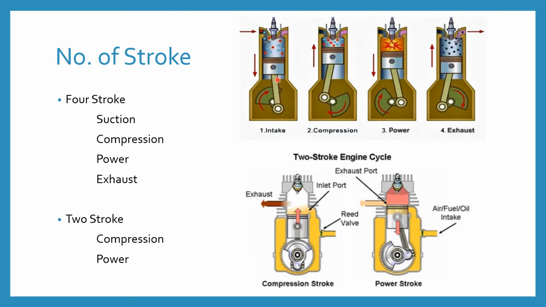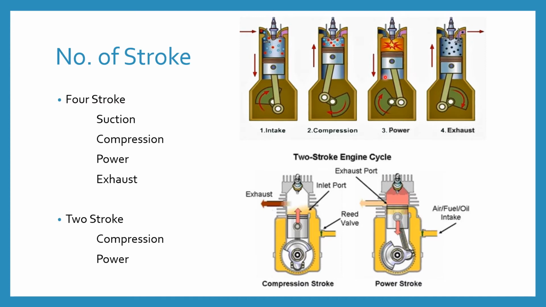After it reaches the lowest portion, the piston tends to move upward. This is the compression stroke. At that time both the valves are closed. After it reaches the top portion, the spark plug is ready to spark, and then the piston moves downward.